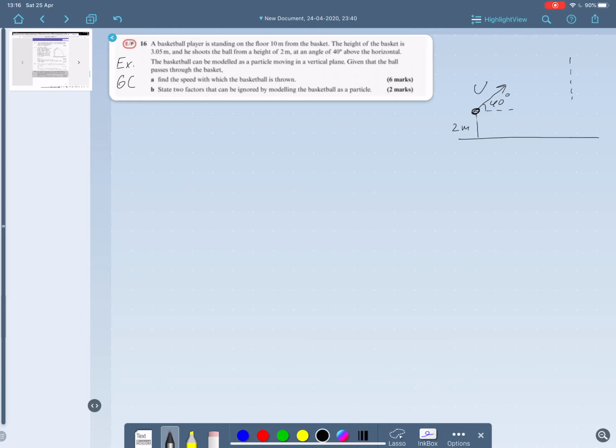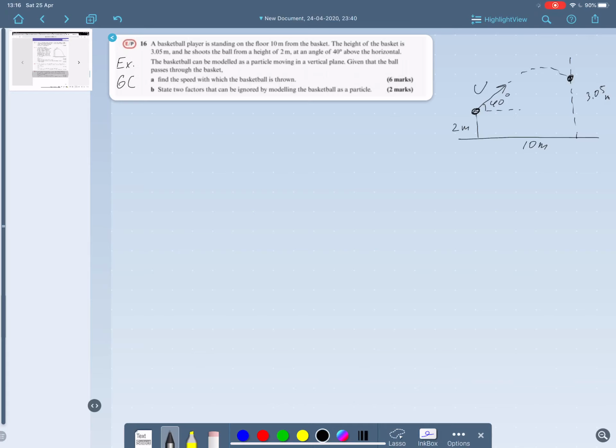It hits the basket at a horizontal distance of 10 meters away from the player. So the trajectory of the ball hits it somewhere, and we know that the vertical height of the basket is 3.05 meters.